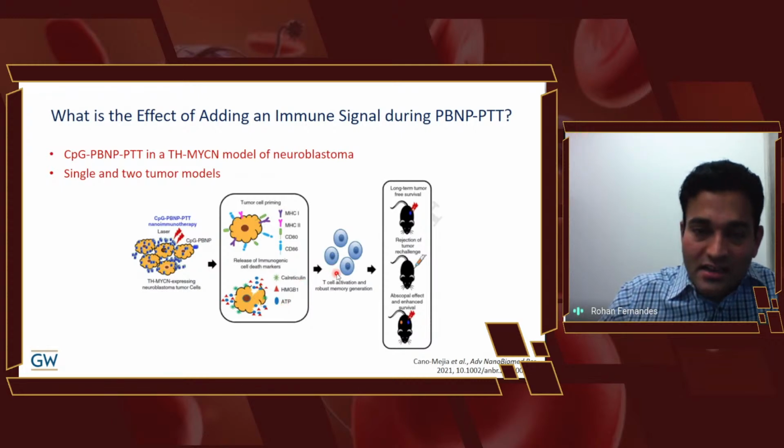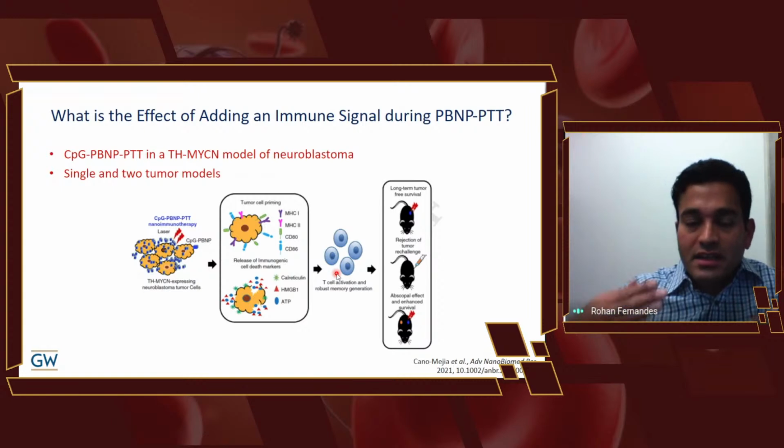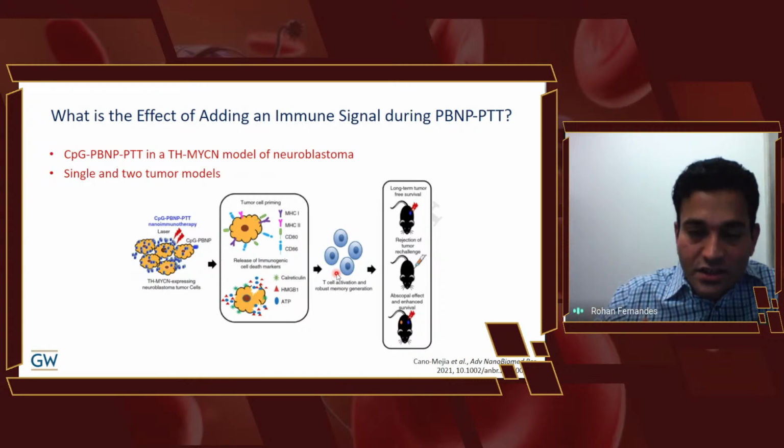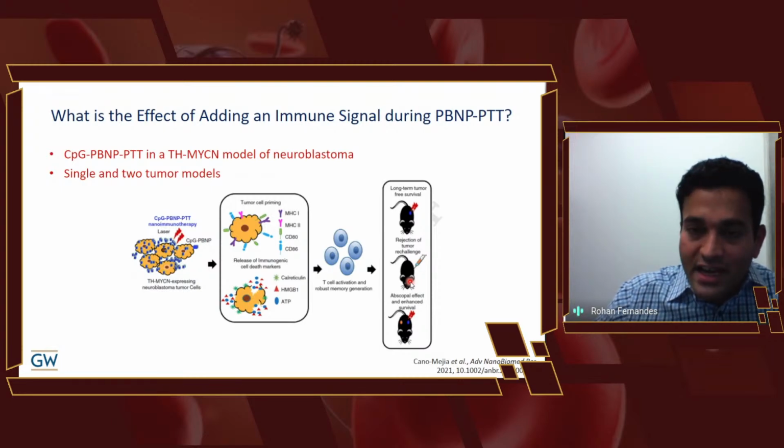Now, there's a whole panel where we study the T cell activation and robust memory generation. So we treated the tumors, they survived long-term, we re-challenged the tumors, and they rejected it. And then we also saw an abscopal effect in a tumor model. And more importantly, in the animals that rejected the tumor re-challenge, we took them and isolated the T cells from the spleens, not the tumor-draining lymph nodes.